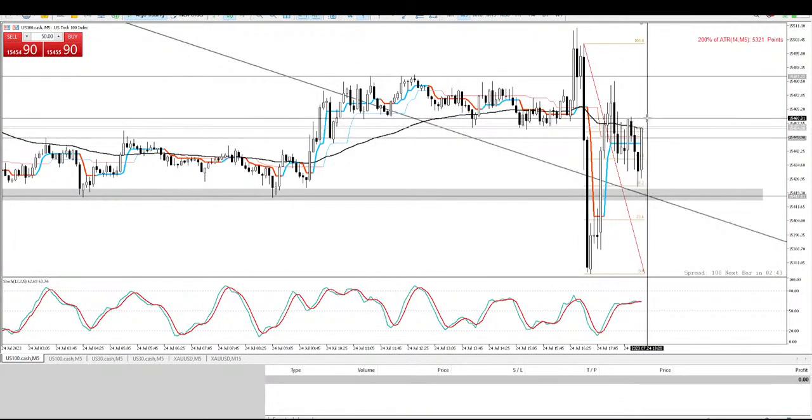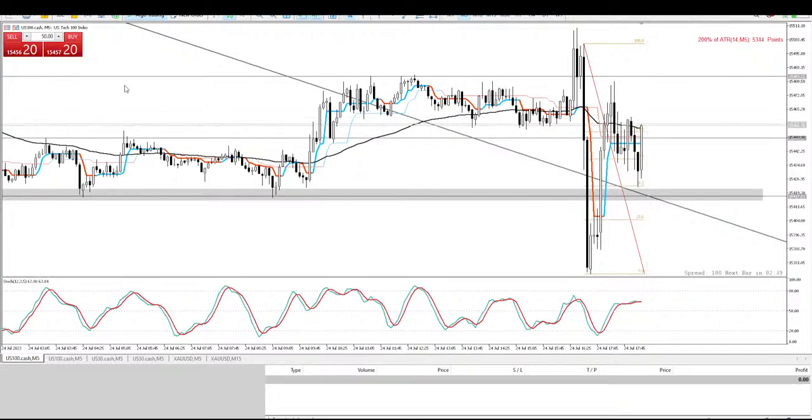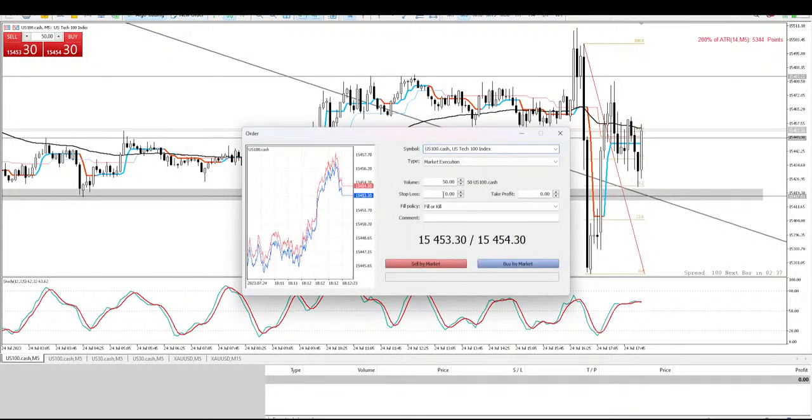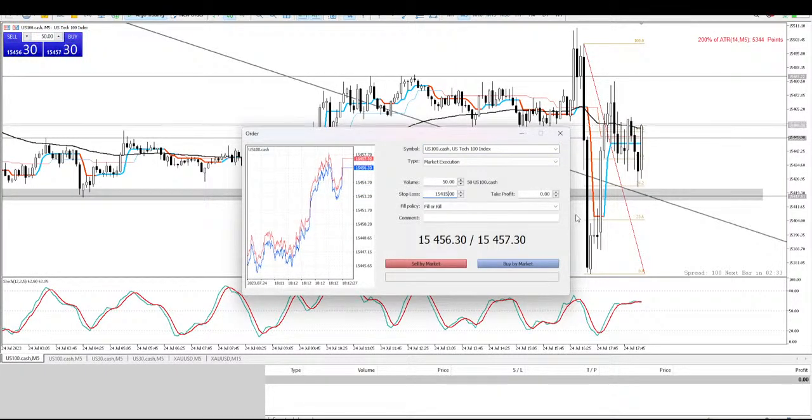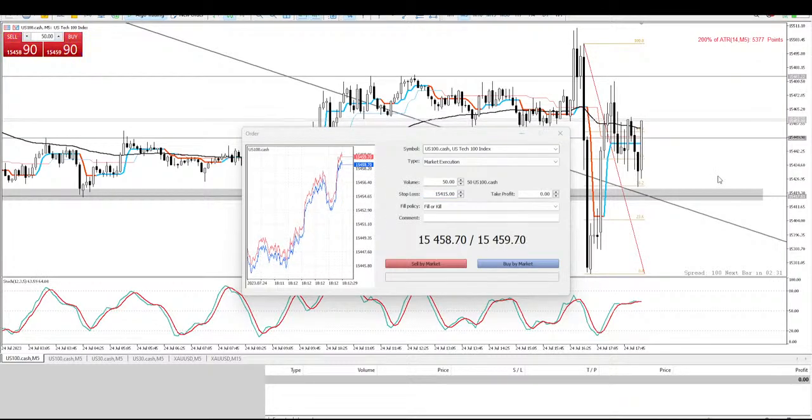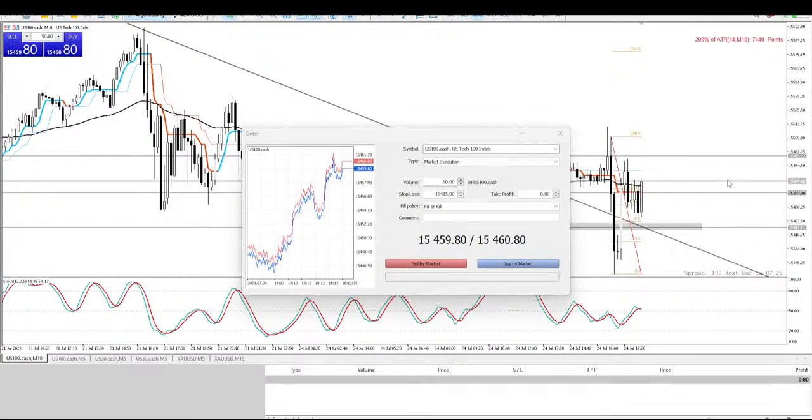Okay, so if we were to take a long, stop loss will be 15,415. It's a whole 2 minutes to close this candle. All right.